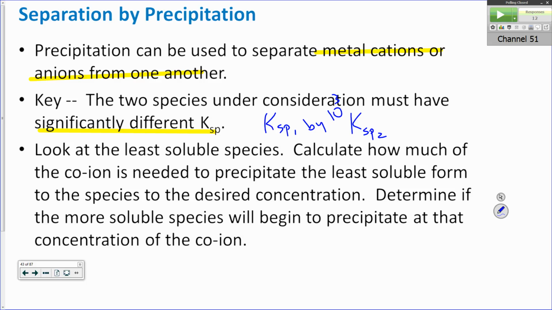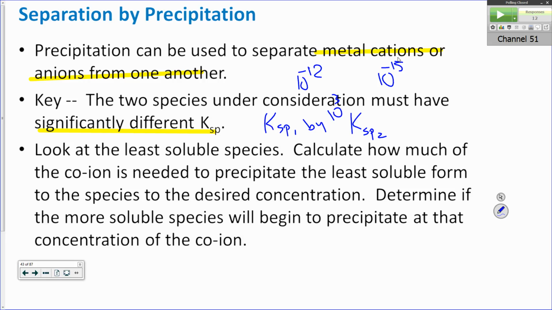That would mean you've got something that's 10 to the minus 12 and something that's 10 to the minus 15. You can get a pretty good separation. The closer they are, the less you're going to be able to precipitate out of the least soluble species before you start to have co-precipitation.